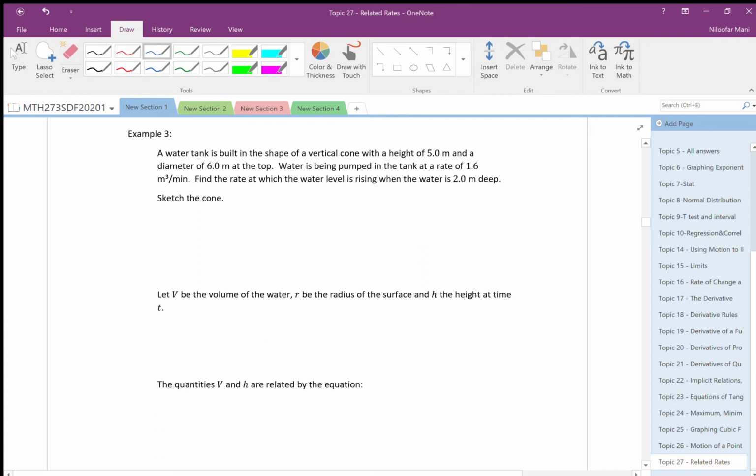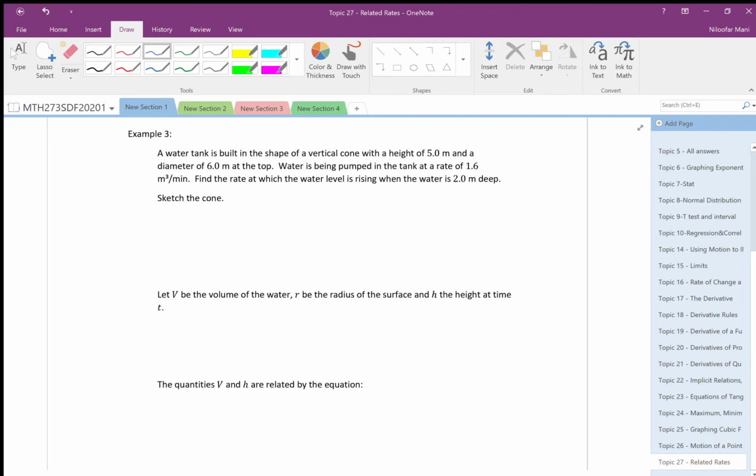A water tank is built in the shape of a vertical cone with a height of 5 meter and a diameter of 6 meter at the top. Water is being pumped in the tank at a rate of this, so volume is changing.